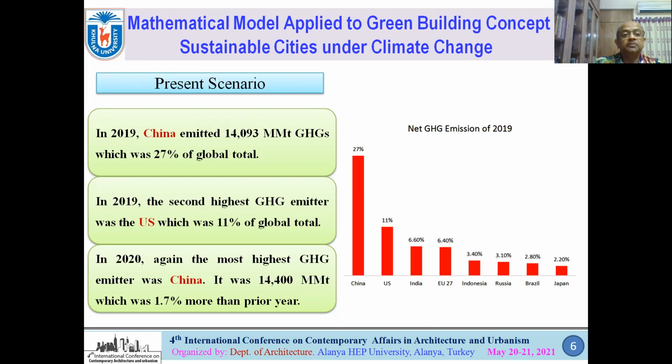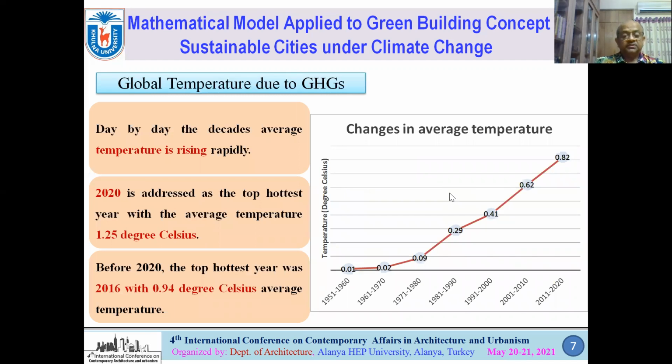2019, China emitted 27% of the global total carbon dioxide, that is greenhouse gas emission. And even in 2020, China is again the highest emitter of these greenhouse gases. So all this indicates that this huge amount of greenhouse gases increases our global temperature every year.